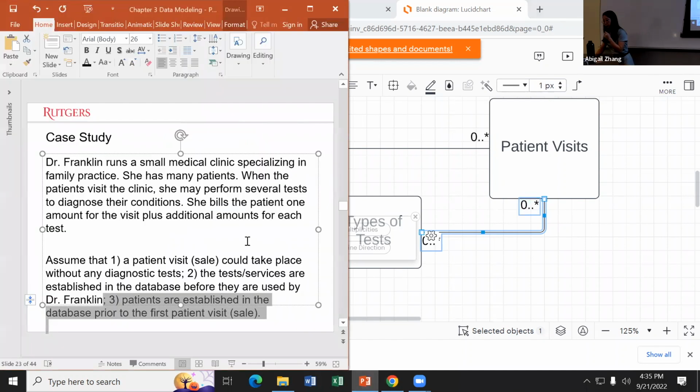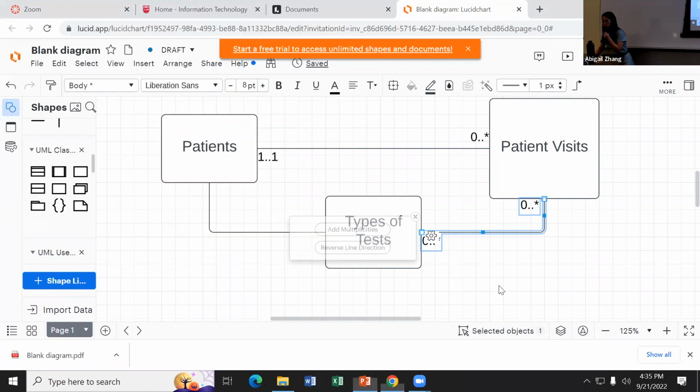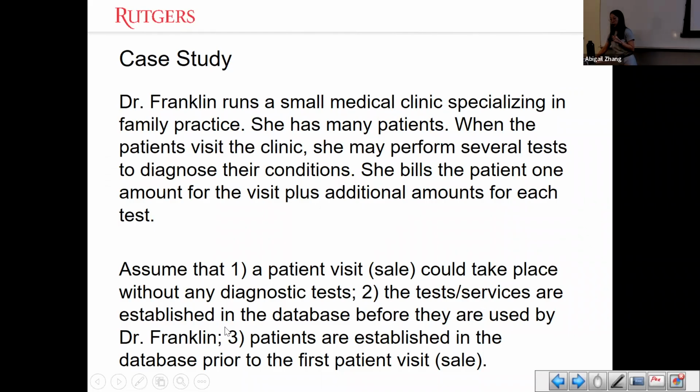Remember that we already established a database of all kinds of tests that could be utilized, but they may not be applied. With that assumption, what multiplicity could that be? Let's first think about the minimum. Each type of test can be associated with a minimum of how many patient visits? The tests or services are established in the database before they are used by the doctor and applied to the patients.